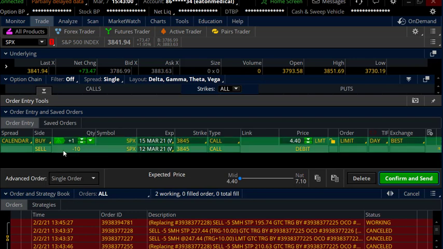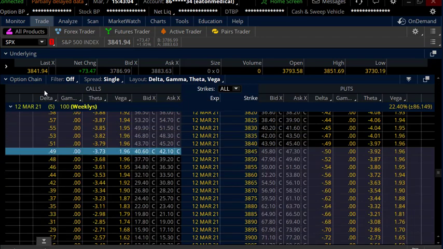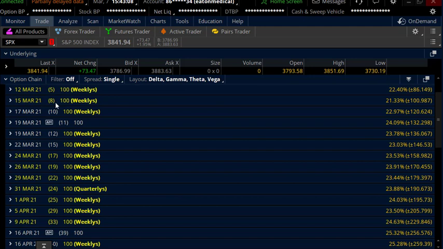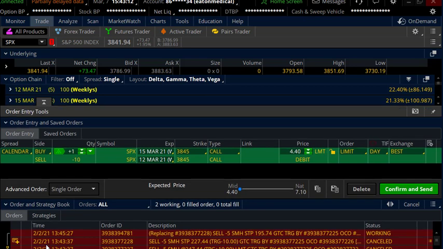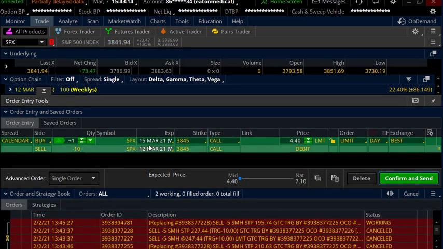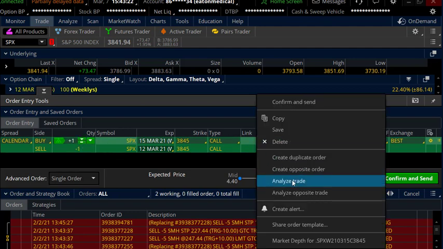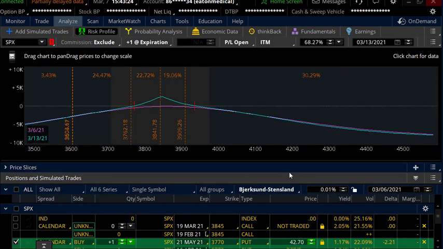Your short would be here in March 12th, and then the long is the very next expiration of March 15. So you're buying the next one. Let's do one contract here, and we're going to analyze that.